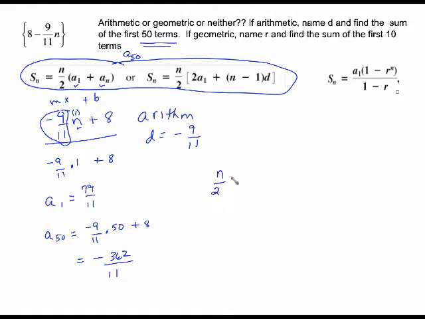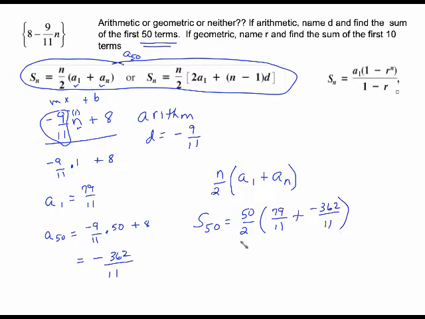The short form says n over 2 times a1 plus an. So the sum of the first 50 terms will be n over 2, which is 50, times a1, which is 79/11, plus a sub n, which is negative 362/11.